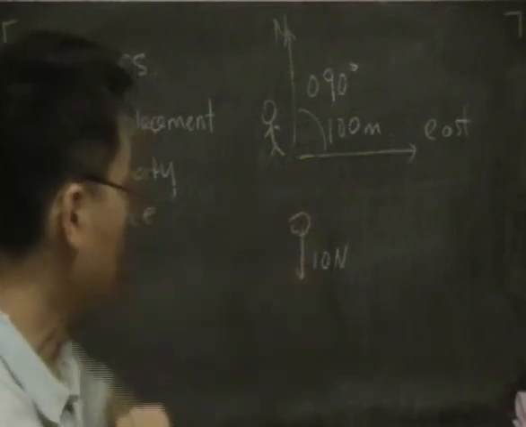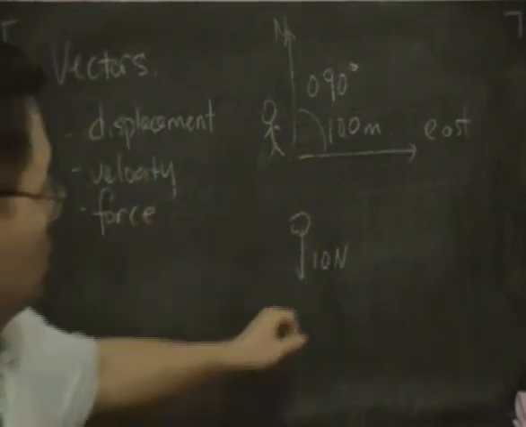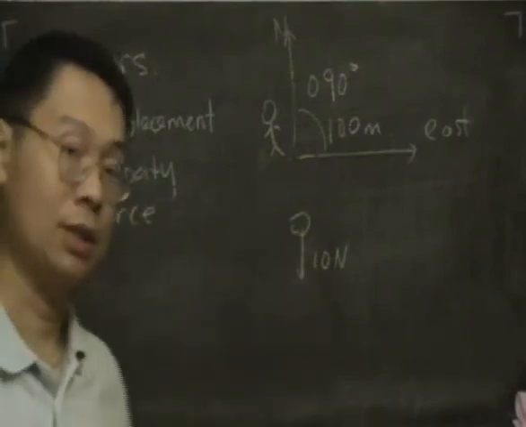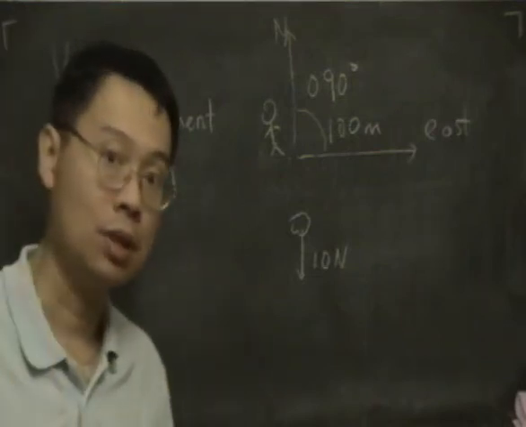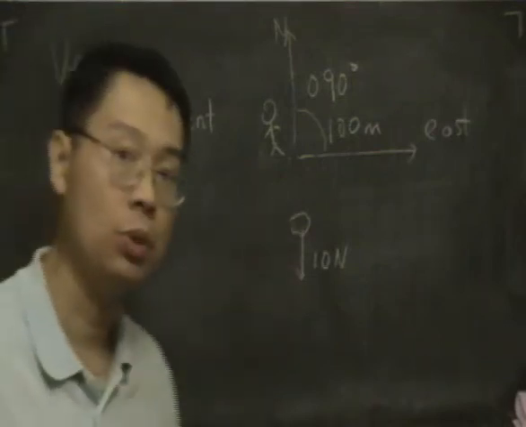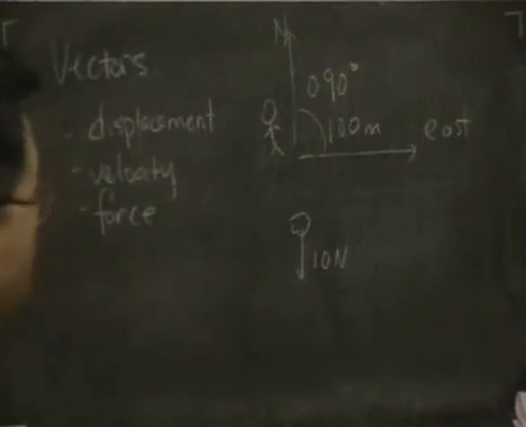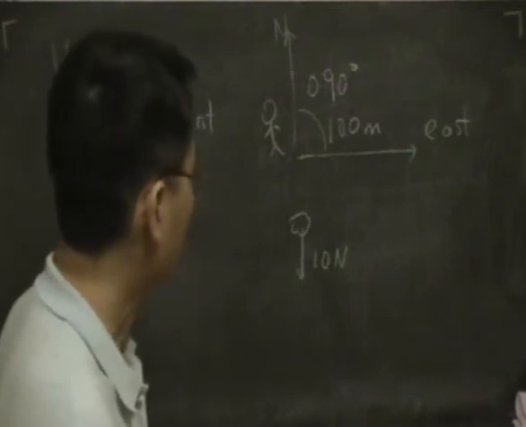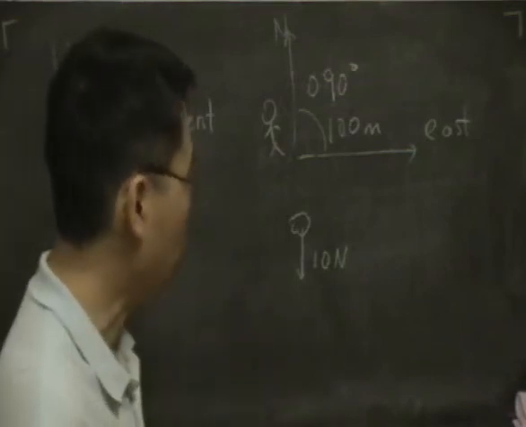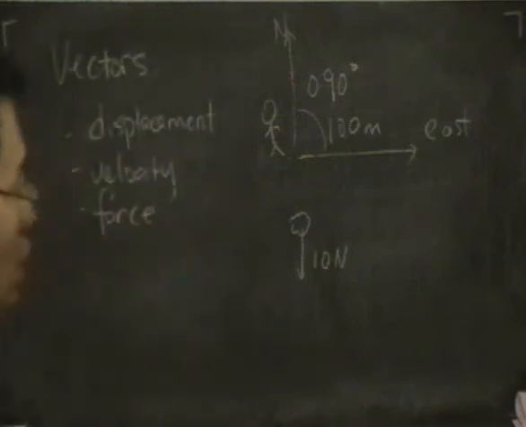So the direction is down. So we say that this vector has a magnitude of 10 newtons and direction is downwards. So that's how we would represent this. Right, so that's how we would describe these real life examples of vectors.